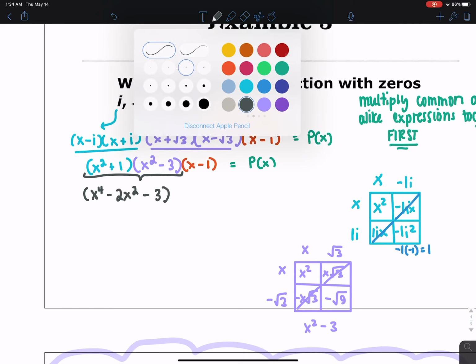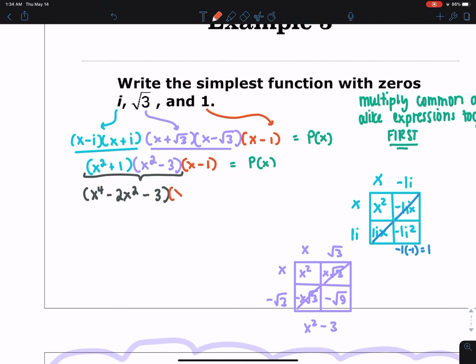And then we still have to multiply that by x minus 1. And that's going to give us our polynomial. Again, if you prefer to use a box every time to multiply, then by all means go for it. But we're going to take x to the 4th times x, which is going to give us x to the 5th. And then x to the 4th times negative 1, which would be minus x to the 4th.